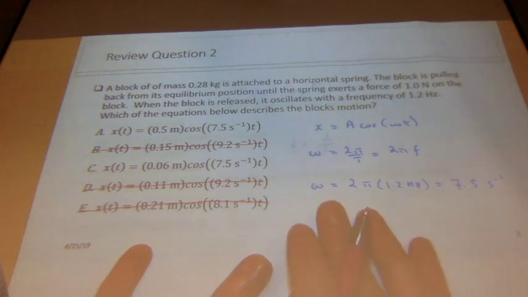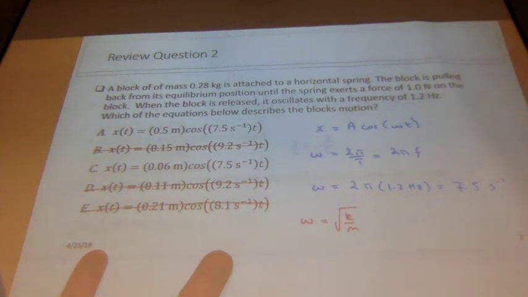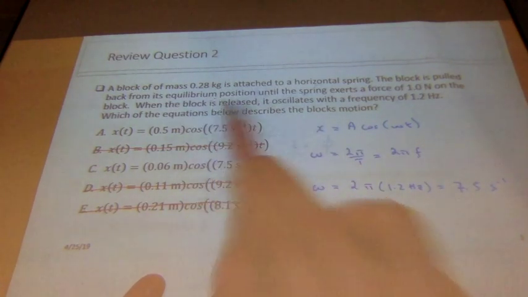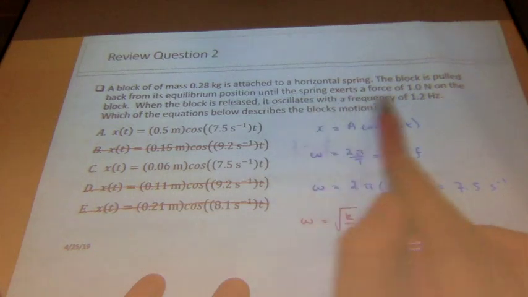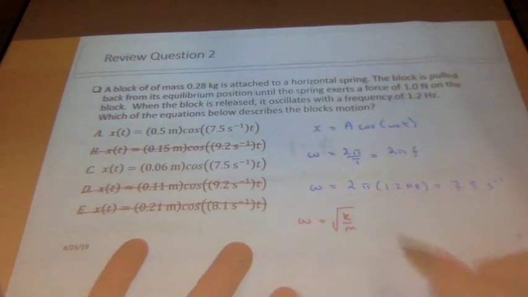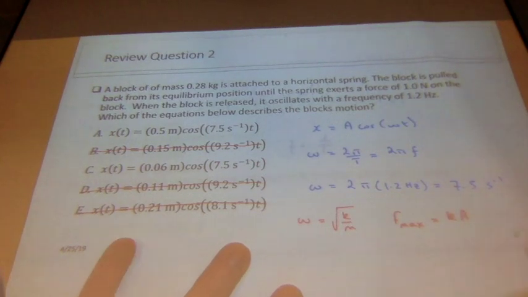I can solve for omega, and I know omega is related to the root of k over m, so it's linked to k and m. We don't have the spring constant, but I do know that it's pulled from the equilibrium position until the spring exerts a force of 1 Newton. So that 1 Newton is the maximum force. F max is k times A from Hooke's law.